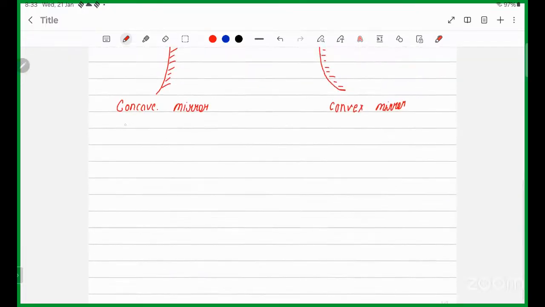Concave mirror is also known as converging mirror. Convex mirror is also known as diverging mirror. And there are different images which are formed by these mirrors.